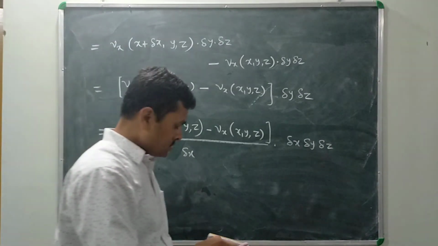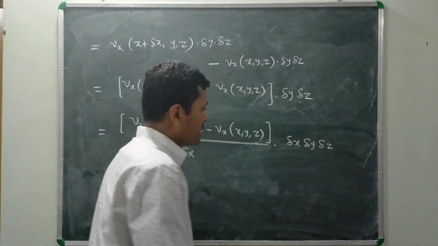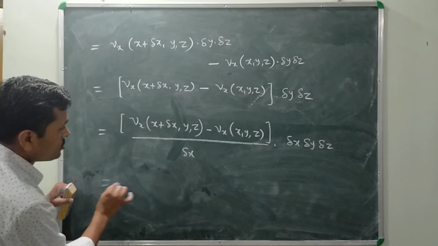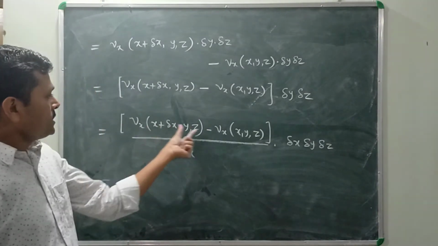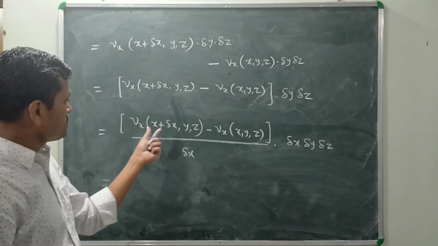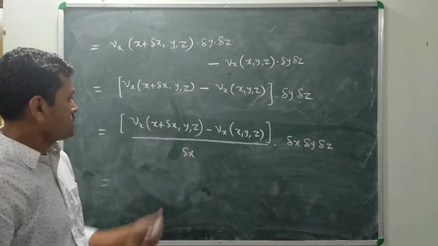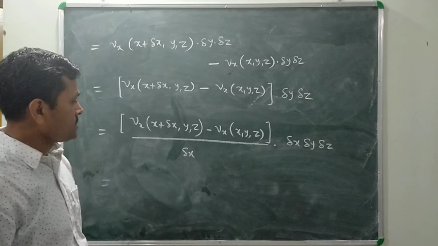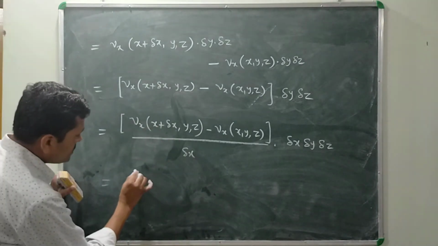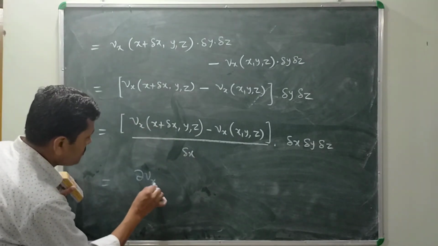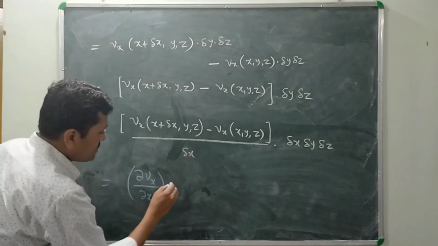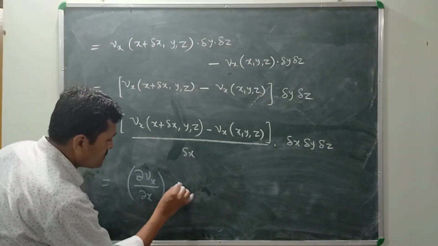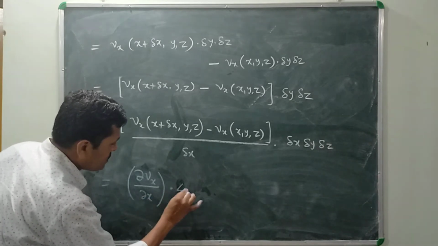This is nothing but the volume of the cuboid. Here there is a variation only in x. Y and z are constants. So this is the definition of the partial derivative of Vx with respect to x, and that expression is delta tau.